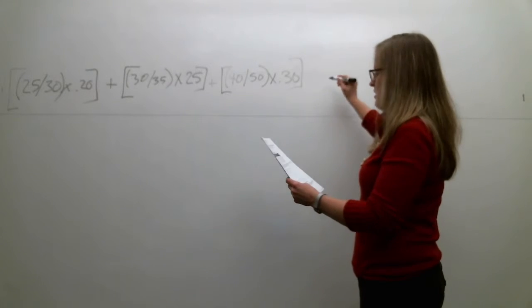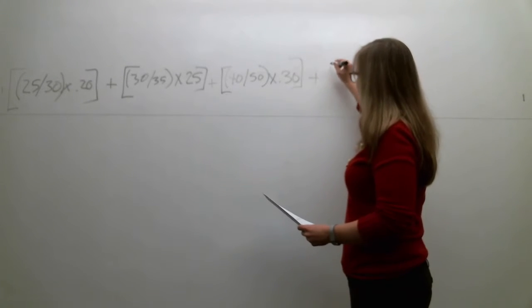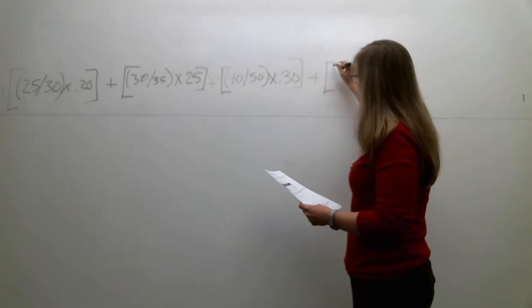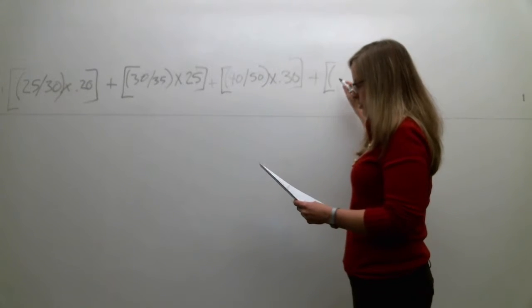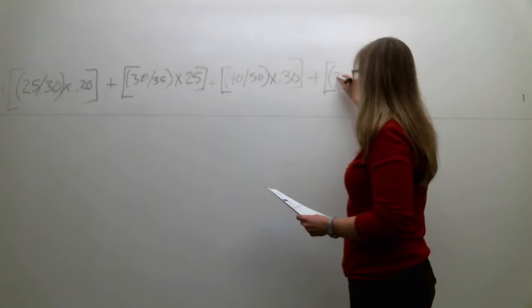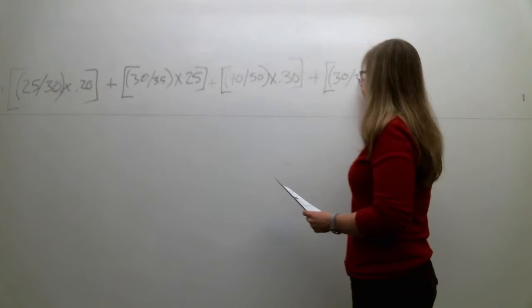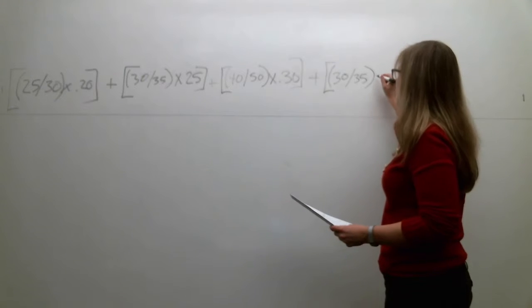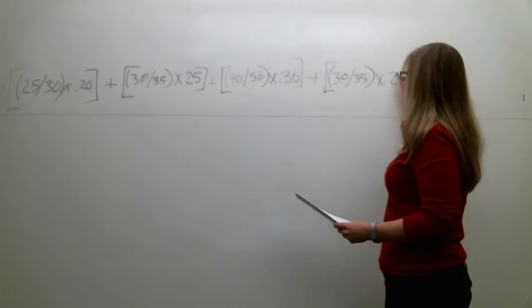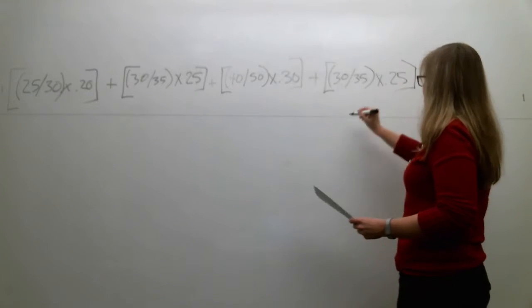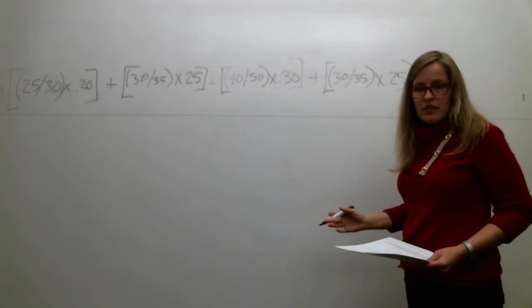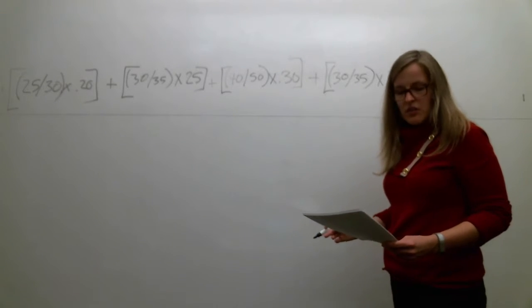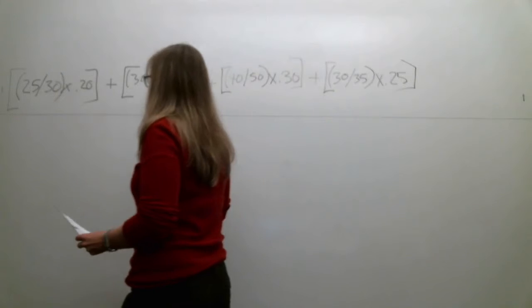And then my last item, my final exam. My student here earned 30 out of 35. And this item was worth 25% of the total grade. So that's the basic equation, and now I can go ahead and start simplifying.